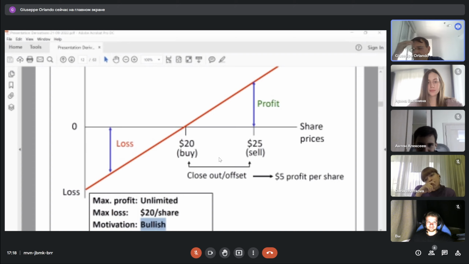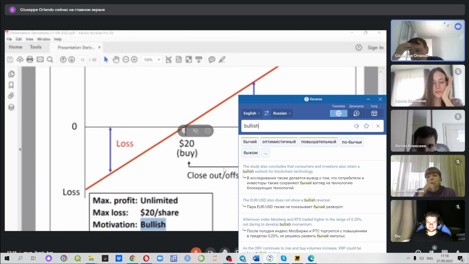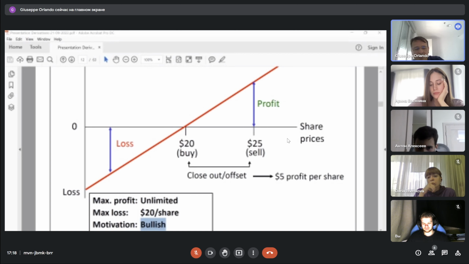So often in the market it is said bull market or bear market, and bear is the opposite of bull. It means that the market is performing badly, that it is losing money. It's clear? And bull is the opposite.